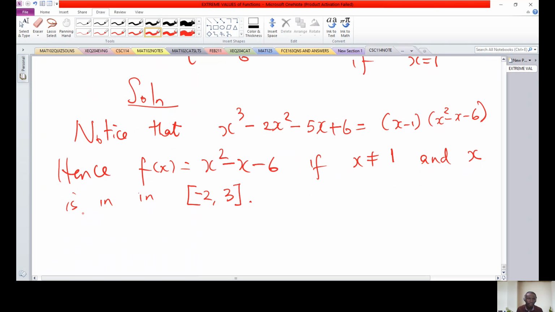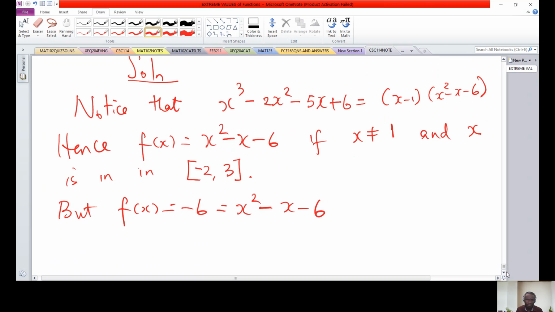But f of x equals -6, which equals x squared minus x minus 6, when x equals 1.